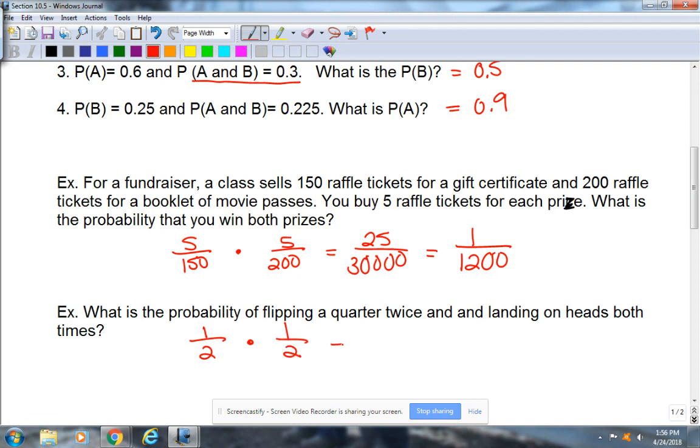So the probability that I get 2 heads in a row is 1 out of 4. Multiply across the top, multiply across the denominator. So if I did it like this, what's the probability of landing on heads? The probabilities will get smaller as we go. Does that make sense? Okay, what if I say we flip the quarters or flip whatever coins we have 200 times instead of 20 times?